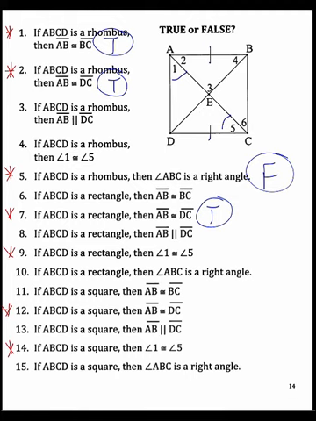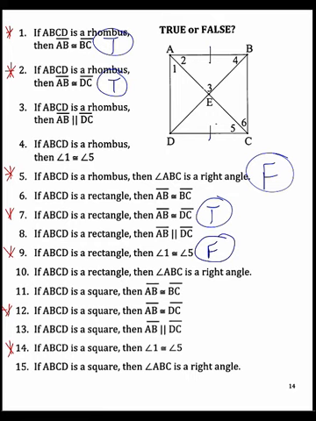Now, I do know for a fact that angle 1 is congruent to angle 6 because those are alternate interior and the lines are parallel. In a rhombus, all four of these angles across from each other would be the same. But I was given that this is a rectangle, and in a rectangle I don't know that the diagonals are bisecting that into two congruent pieces. So for a rectangle I have to say that's false. For a rhombus I would have said true.